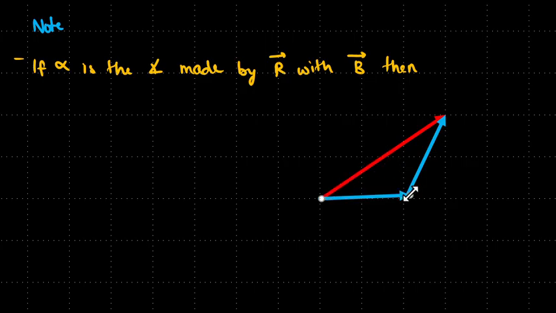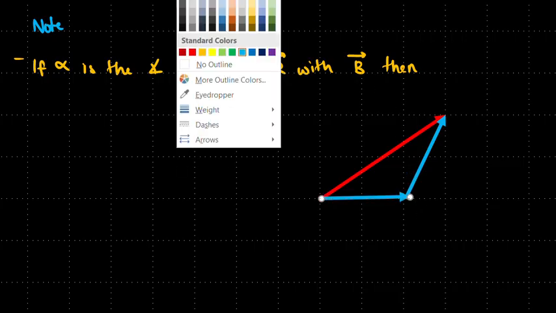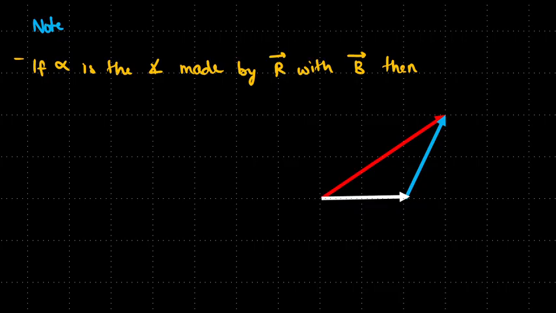But there is no need for me to represent them by color. It's just to make my life a lot easier and easier to explain. So this is vector A. This was vector B. And this is the resultant R.